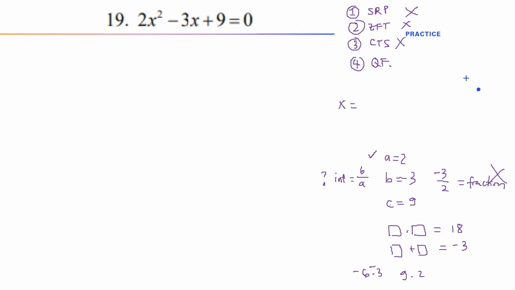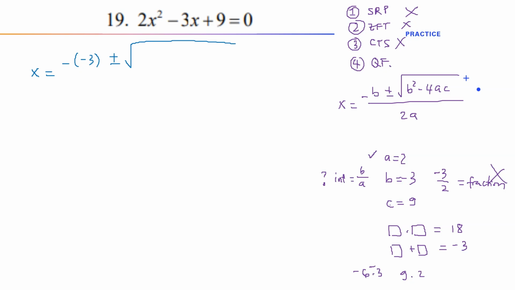That's x equals minus b plus or minus square root of b squared minus 4ac over 2a. Alright, plug in. We'll have x equals minus b, which is minus negative 3, right, plus or minus negative 3 squared, minus 4 times a times c, all over 2a.